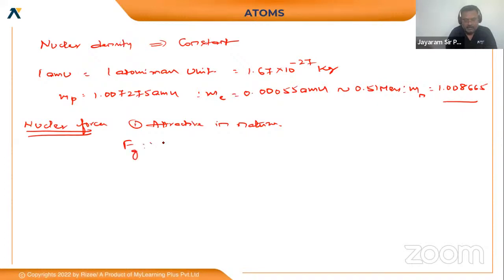Remember this basic relation: two years back in the mains examination he asked the relation between the gravitational force, electromagnetic force and the nuclear force, that is 1 is to 10 to the power of 36 is to 10 to the power of 38, between proton and proton.